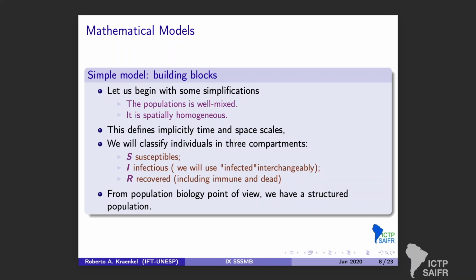Okay. So, in order to start the building blocks for mathematical models, we will approach it as simply as possible, and obviously there are a lot of ways to improve this. We'll start by assuming the population is what we'll call well mixed. Well mixed means that everybody can in principle have contact with others. It does not mean you have contact with everybody, but in principle you can.